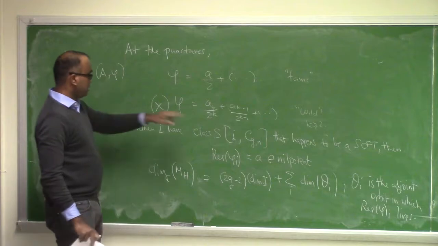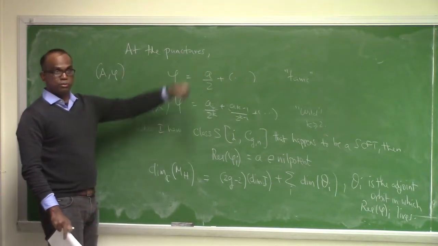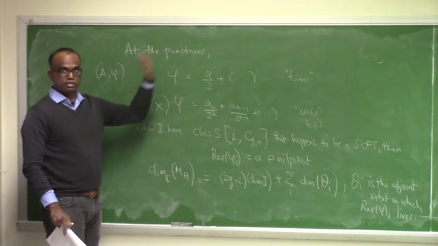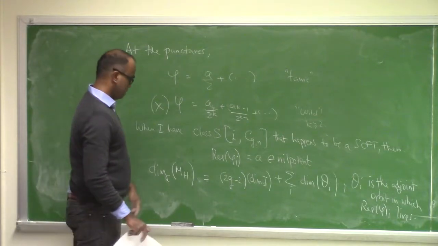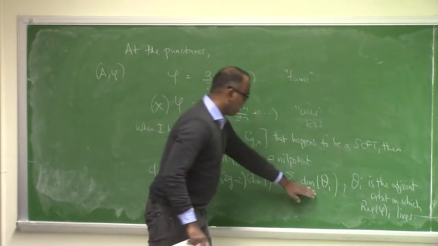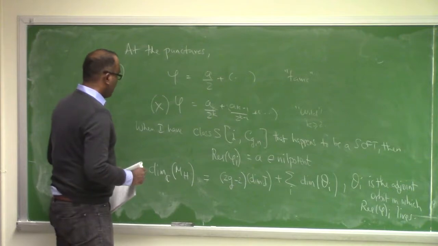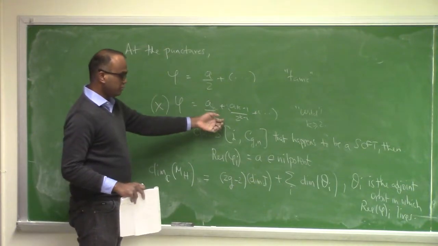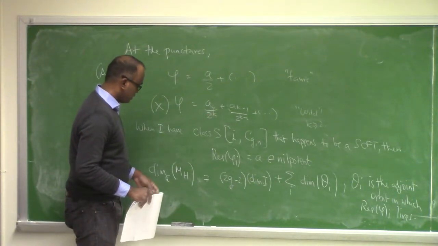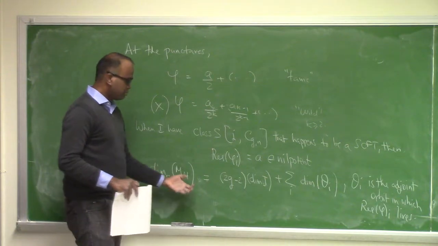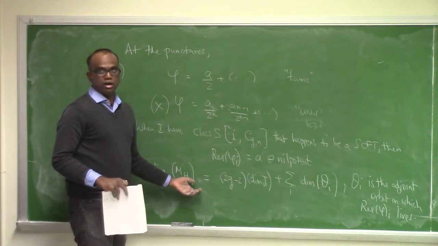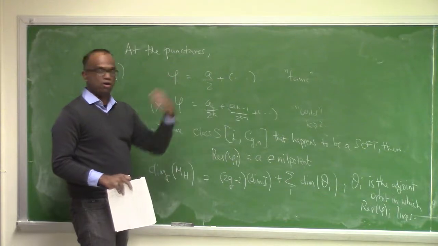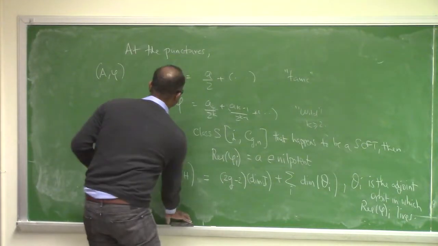What matters is not the element itself, but the orbit in which it belongs, because that's the invariant data of conjugacy. I'm writing out this formula because when I start mass deforming the superconformal field theory, I want a deformation that preserves this dimension, because otherwise I would have some kind of awkward jumping behavior.